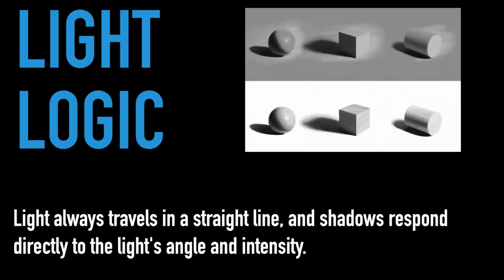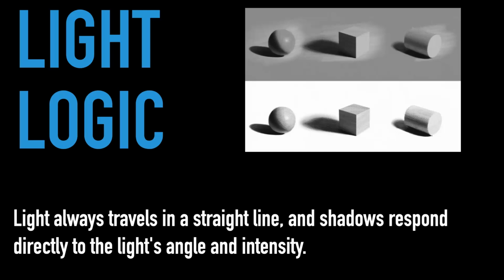All right, light logic. Light always travels in a straight line. Shadows respond directly to the light's angle and intensity. Shadow shapes: light hitting a cube creates a cast shadow of a square. Like we said earlier, hitting a sphere would cause an elliptical one. Light intensity creates sharp, well-defined edges for a cast shadow.